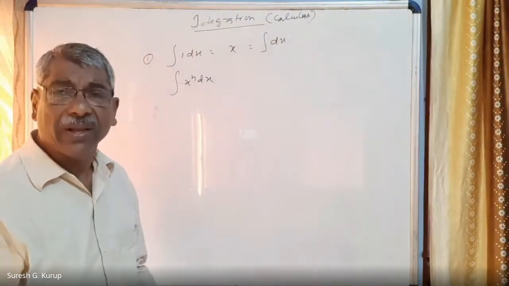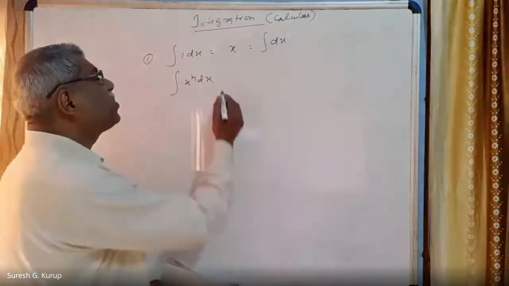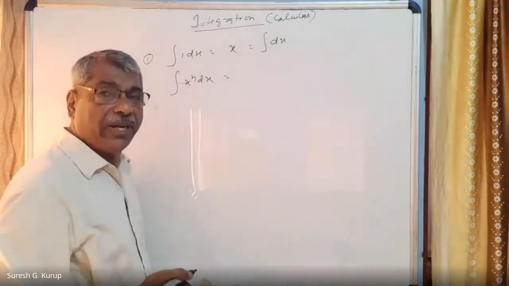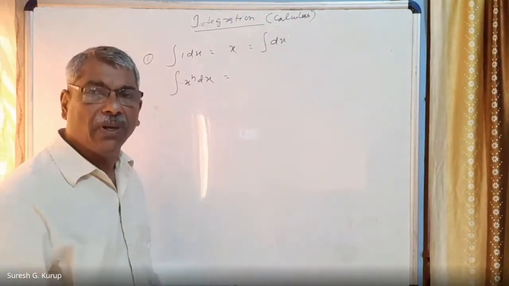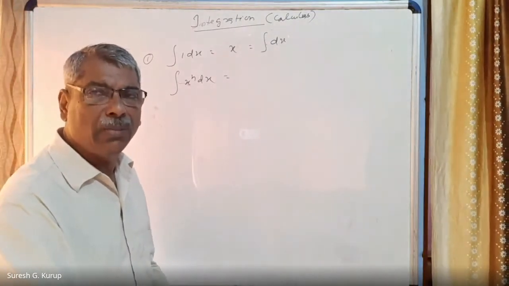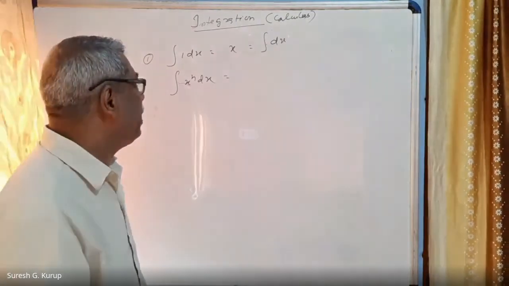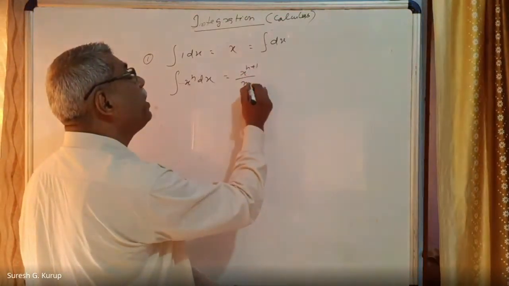That is dy, which when integrated we get y. Now onwards, learn these by heart. These must be kept in your memory bank your whole life. Integral x raised to n dx is equal to x raised to n plus 1 divided by n plus 1.